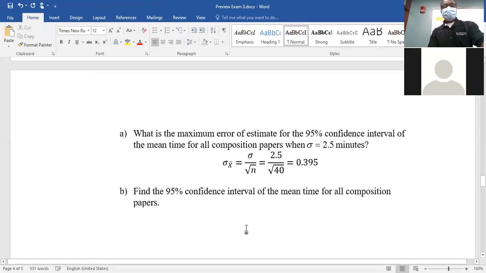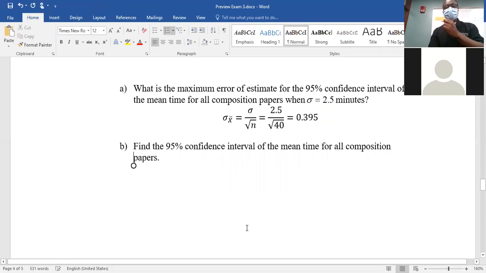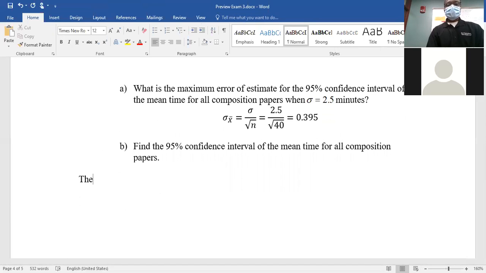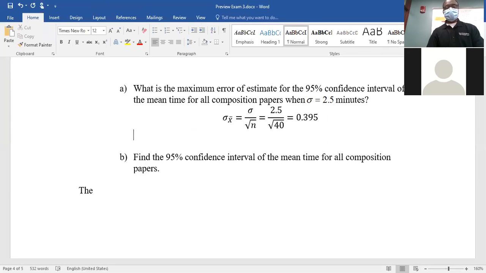So find a 95% confidence interval for the mean. So the margin of error, no, I mean, it's not the margin of error, but this is the maximum error of estimate.